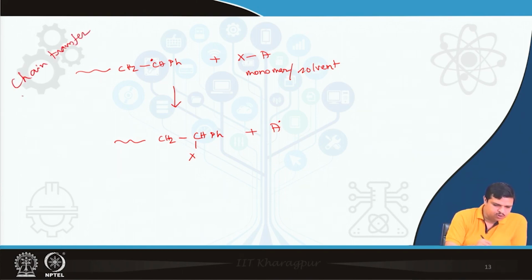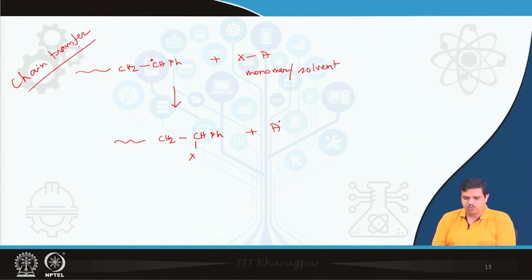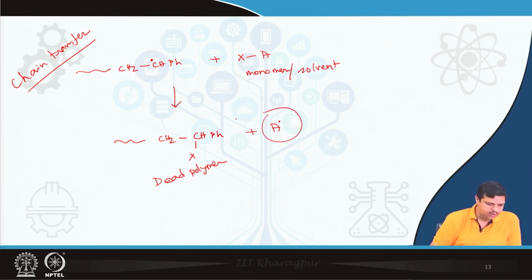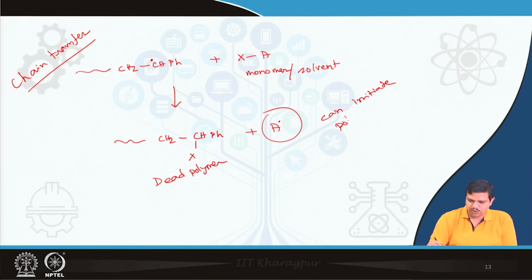This is also another possibility in the free radical polymerization. This is one of the disadvantages. Here you will see this is my dead polymer, but this one is reactive. So, this can then again reinitiate the polymerization. So, you will get a quite broad molecular weight distribution in the polymerization.